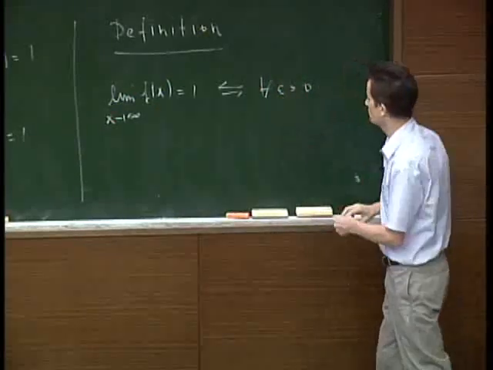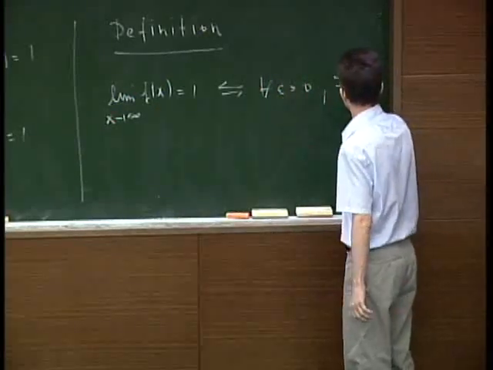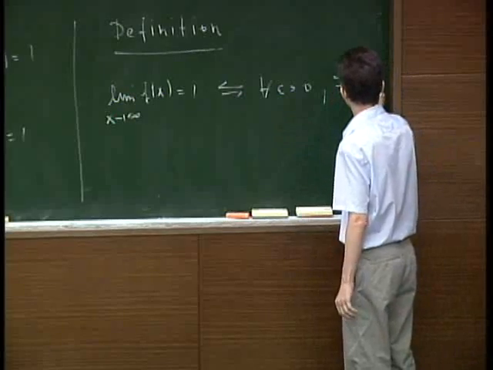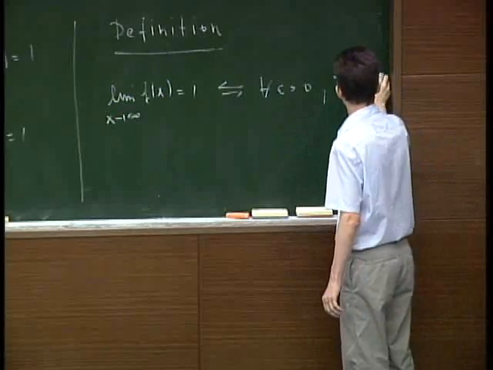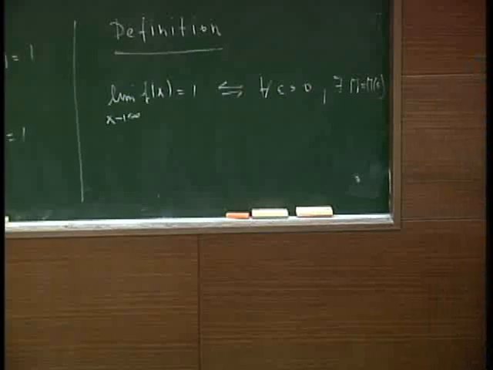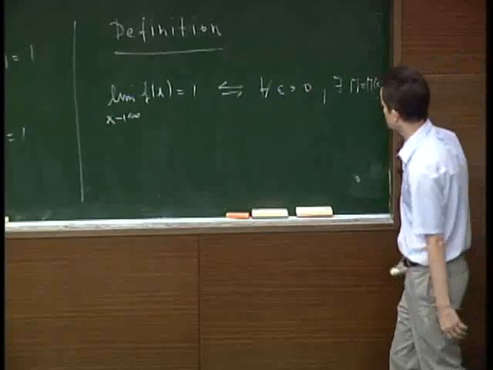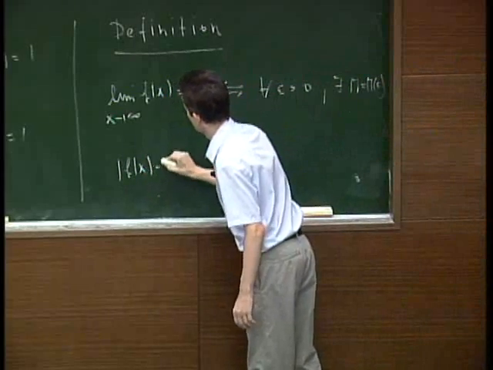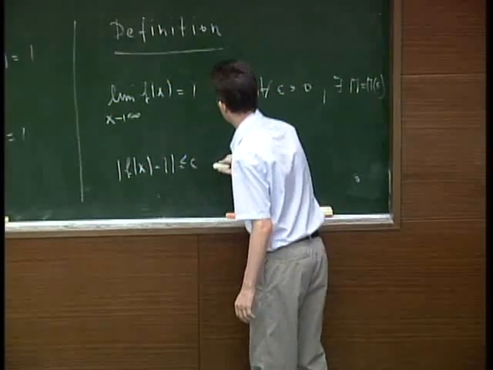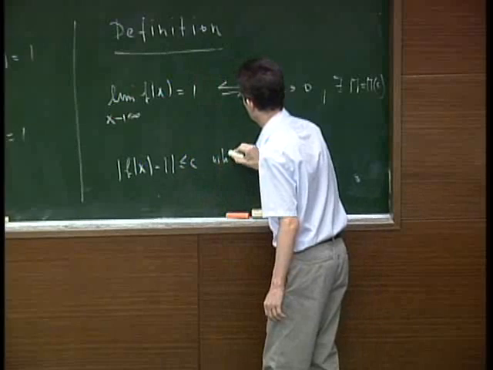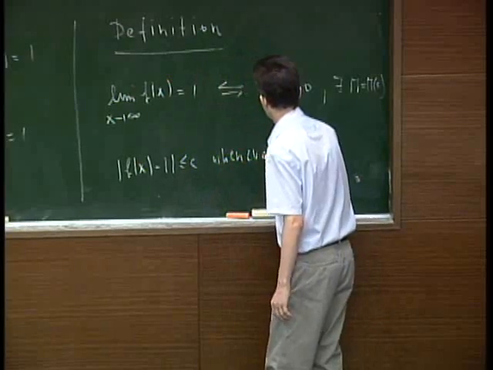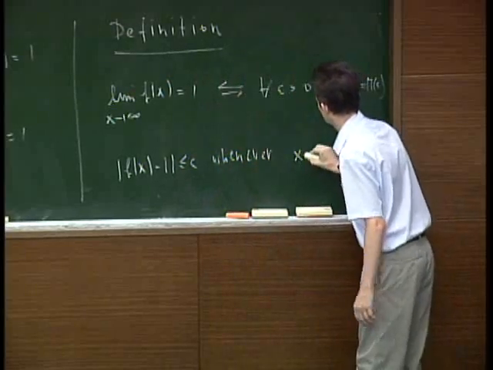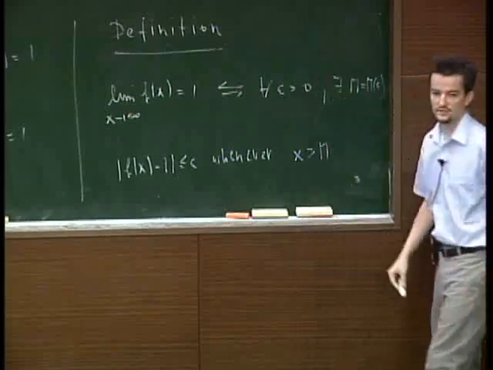Now, for such an epsilon, there must exist some m, which might be a function of epsilon, large enough such that the distance between f of x and 1 is smaller or equal than epsilon whenever x is larger than this m.